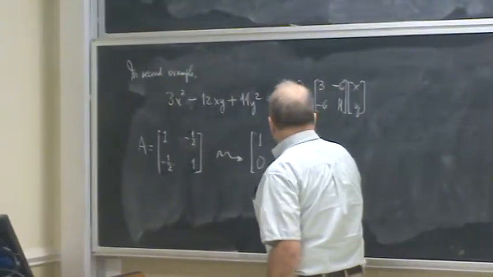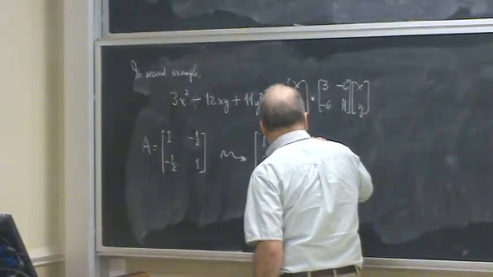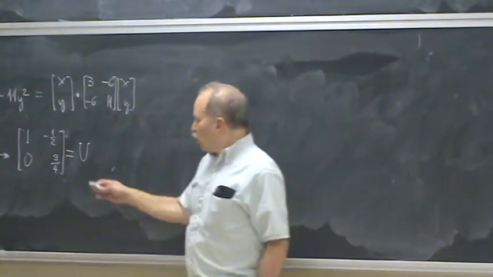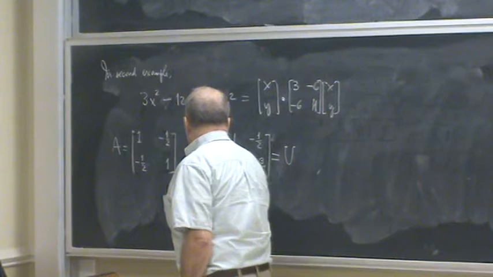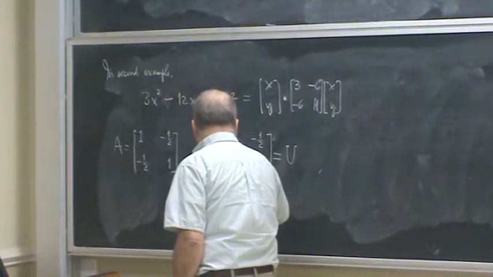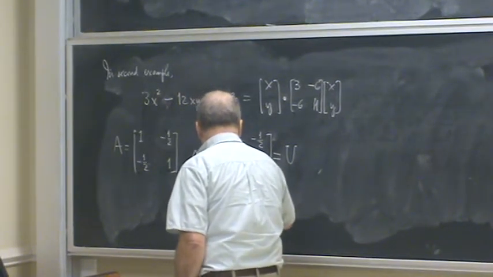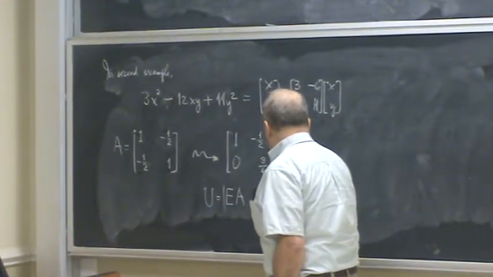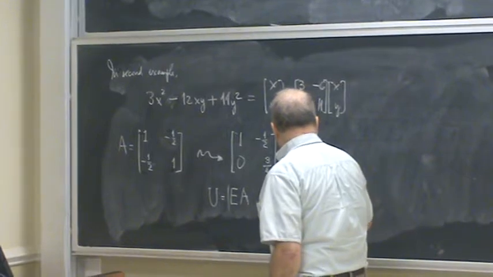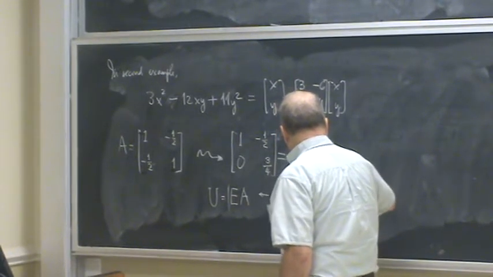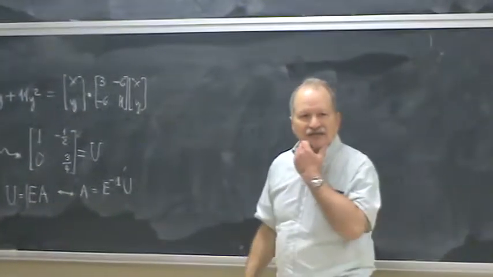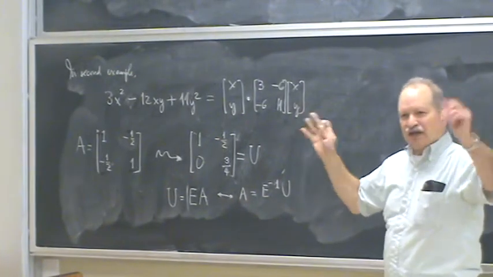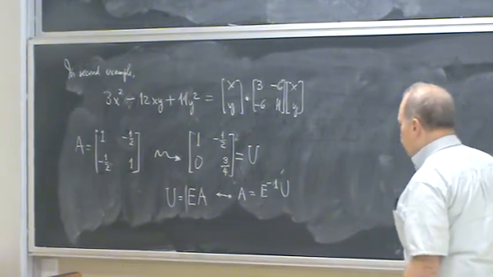So, if I call this matrix U for upper triangular, as we did back in chapter 4, and I say this matrix is some elementary matrix times A, remember that that then said that I could get back A by taking E inverse times U. Remember that? Yes. And the product of all those things we called E when we were talking about reducing to echelon form.